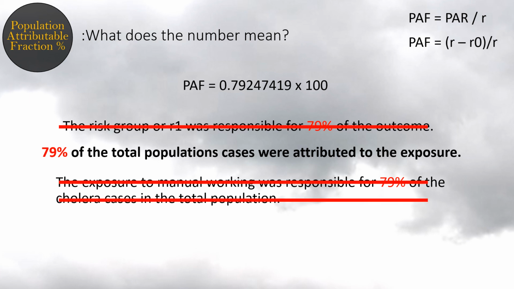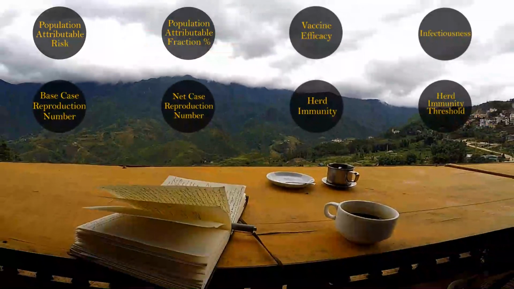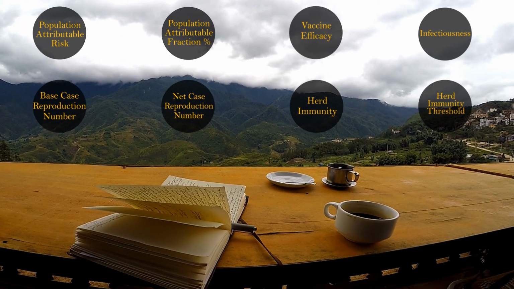Yeah, again, iffy. Manual working as a risk group was attributed to 79% of the total population's cases. That's a better way of stating something like this, and you really need to be seriously careful about how you discuss your findings like this. So that is population attributable fraction in percent.